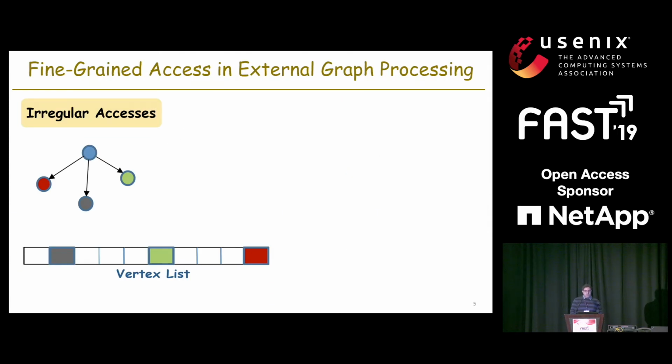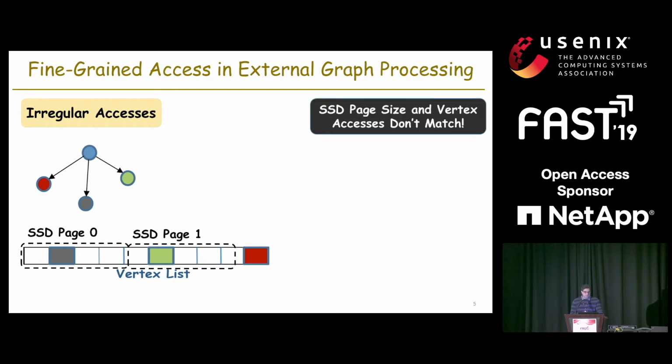And when storing all graph data on SSD, including vertices and edges, it can happen that the neighboring vertices of the blue one are not necessarily on the same SSD page. On the other hand, SSD page size and vertex update size don't match.